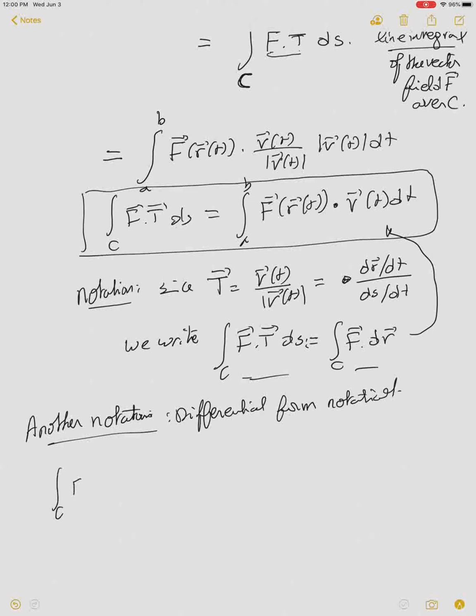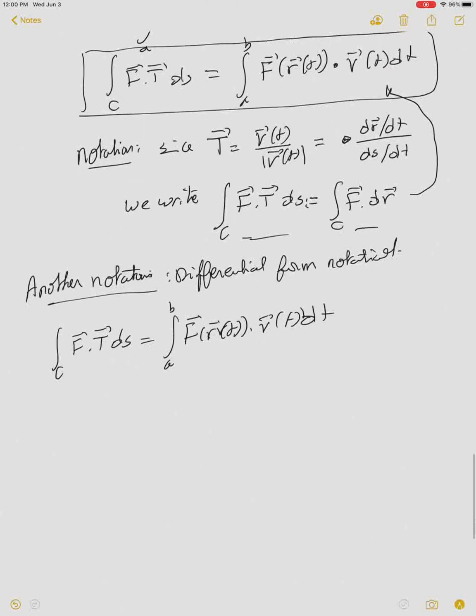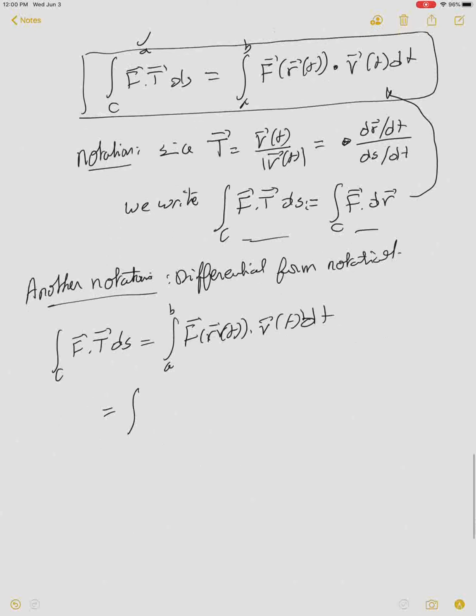The integral over C of F dotted with T ds is equal to the integral from a to b of F of r of t dotted with v of t dt, and this is equal to the integral from a to b of M of r of t, N of r of t, P of r of t.